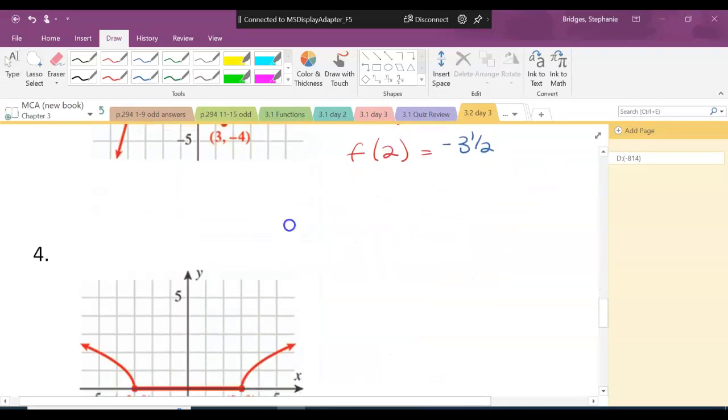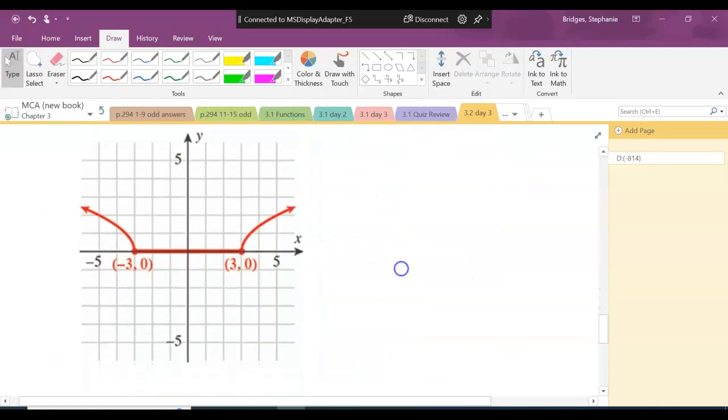All right. Number 4, starting with my domain. I've got arrows on either side of my graph pointing to the right and to the left. So that means this thing is going to be from... Now, the range is a little different this time because do I have any of my graph down here in the negative values? No, it doesn't start until what y value? 0.